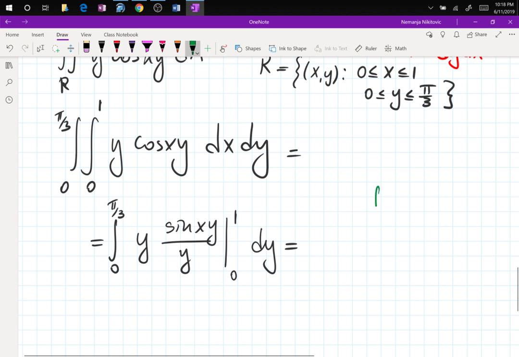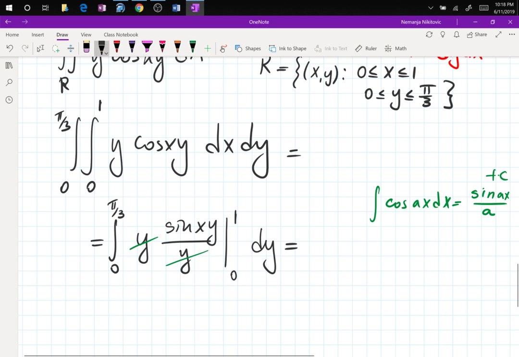Maybe as a side note, the integral of cosine ax dx is, if you don't remember it, sine ax over a plus c, obviously. So cosine ax gives sine ax divided by a. Well, our y has the role of that a. So now you see that y and y cancel.